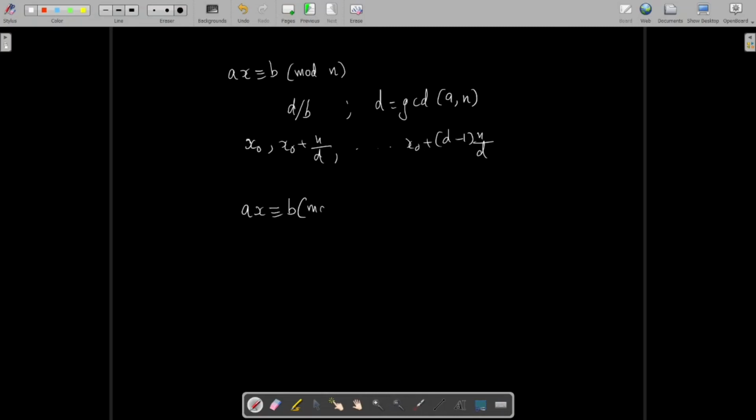And what about the solution of the linear congruence Ax congruent to b mod n if GCD of a and n equal to 1? Then according to this theorem, GCD of a and n, that is 1, divides b. Therefore, this linear congruence has a solution. And what are the solutions? Here, since d equal to 1, there is exactly one solution for this linear congruence, which is x0 in this list.